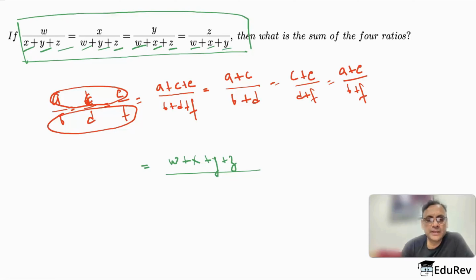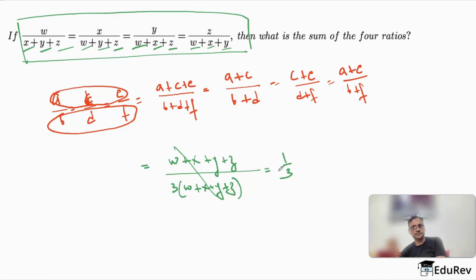That means everything will be 3 times, 3 times w plus x plus y plus z. This will get cancelled and your answer will be equal to 1 by 3. As simple as that. Hence the sum of the four ratios will be equal to 1 by 3. Okay, and each ratio individually also is equal to, in fact, 1 by 3, right? Because this is equal to 1 by 3. So that is the answer for this question.